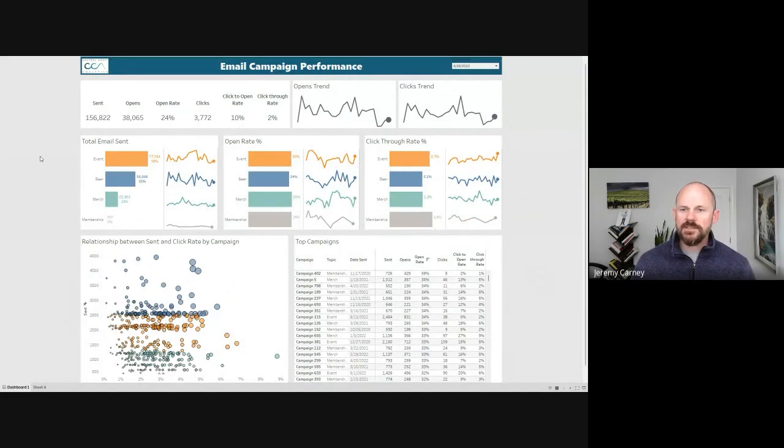Are we getting more or less engagement from our email campaigns than what we previously did? Hopefully we're getting more. And if not, we can turn something around today. And as we look at this dashboard each month into the future, we'll be able to see some of these metrics improve. All right, so here's our dashboard on email campaign performance.